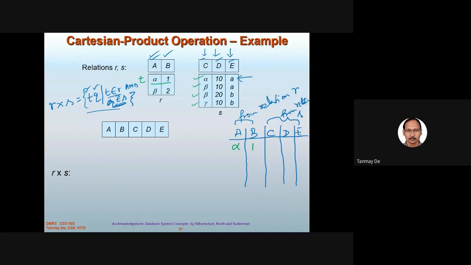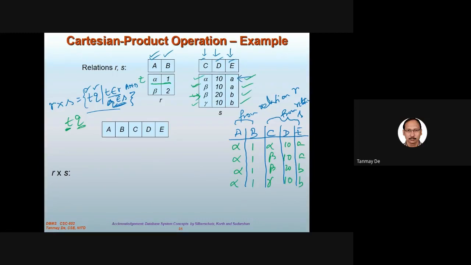So for that, alpha 1, alpha 10 A. Now consider this one, beta 10 A. Try to understand T and Q. T comes from relation R and Q comes from each of the tuples of relation S. So for one tuple T in relation R, that is alpha 1, alpha 1 is merged with each of the tuples in S: alpha 1, alpha 10 A, then alpha 1, beta 20 B, next alpha 1, gamma 10 B. Is it clear?